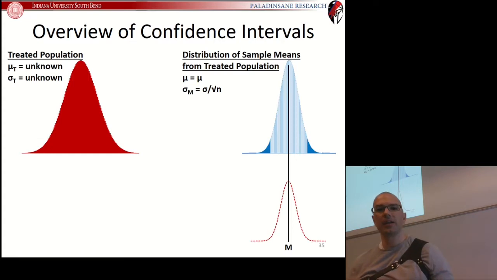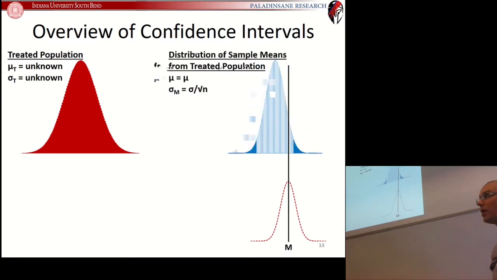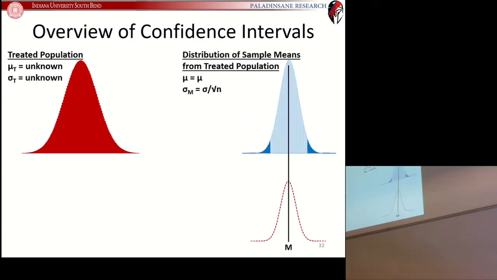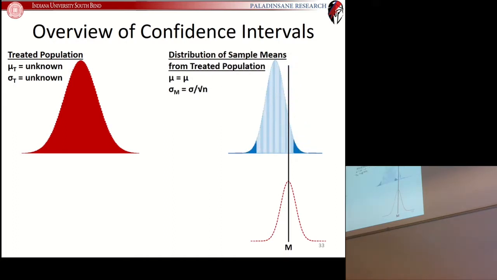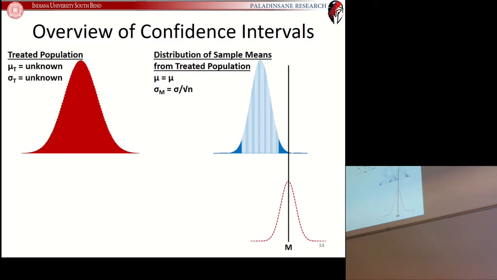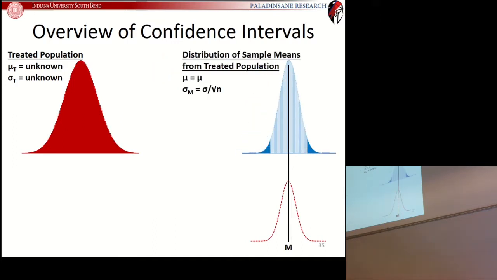All right. So again, the challenge is we don't know where our sample sits in this population, or in the distribution of sample means. So we now have to come up with a range so that we can be confident at a certain level that our range built around this sample contains that population mean.